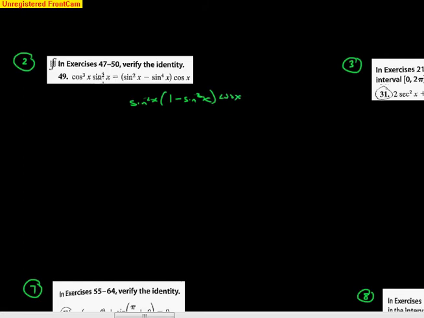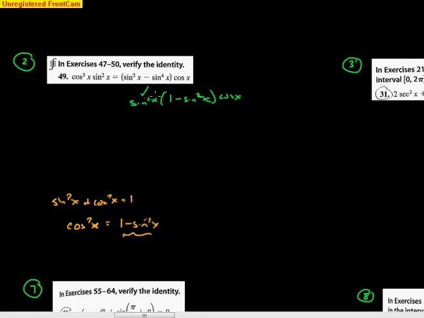Now you see how this sine squared is on the left side as well, so that sine squared is done. Now this must become a cosine cubed. Well, 1 minus sine squared: sine squared x plus cosine squared x equals 1. To get 1 minus sine squared x, subtract sine squared x, so cosine squared x equals 1 minus sine squared x.